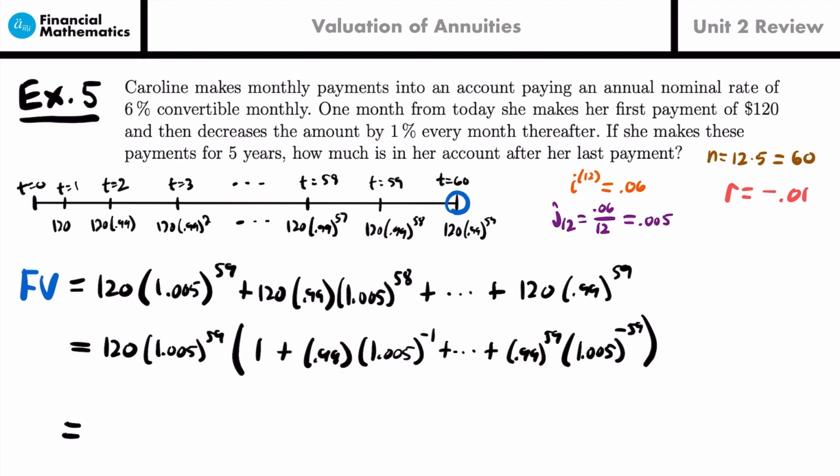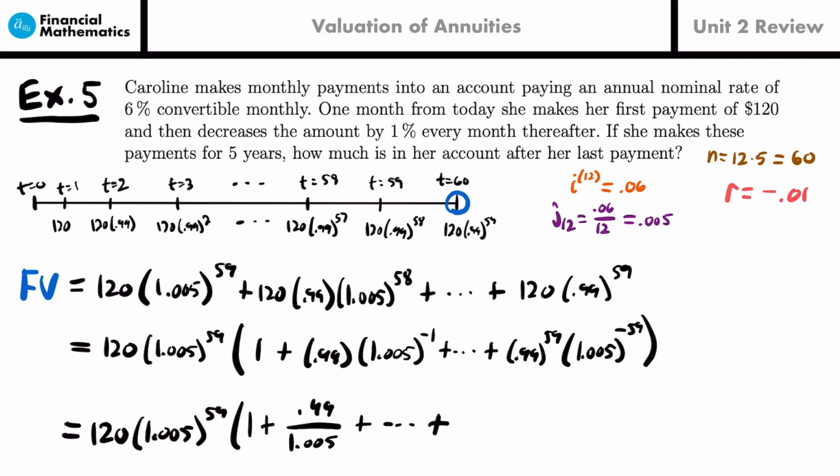So what we'll have here is 120 times 1.005 to the power of 59 times 1 plus 0.99 divided by 1.005 plus all the way up to 0.99 to the power of 59 divided by 1.005 to the power of 59. The pattern here is that every single one of these terms is just 0.99 divided by 1.005 to the power of 0, then 1, then 2, then 3, then 4, then 5, all the way up to the power of 59.